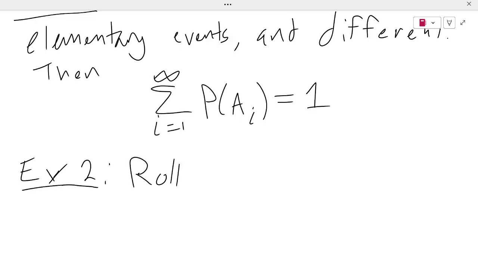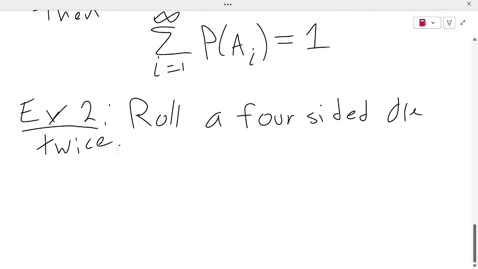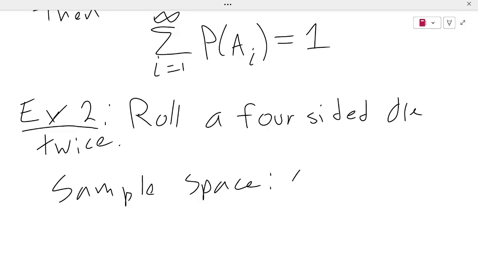Okay, so the next example is to roll a 4-sided die twice. First, let's list the sample space. For the sample space, I'm going to denote it as an ordered pair.